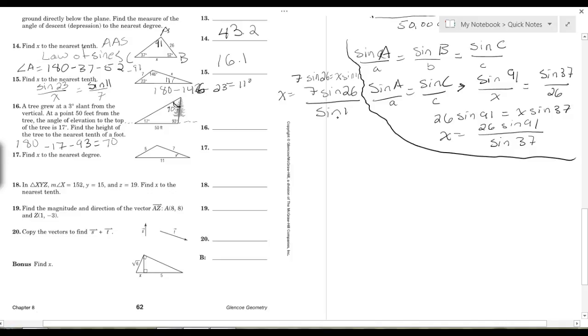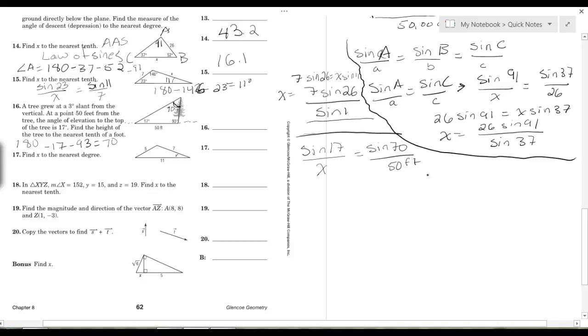So now I can set up my equation. Sine of my 17 degrees over the height of the tree, x, is going to be equal to sine of 70 over 50 feet.